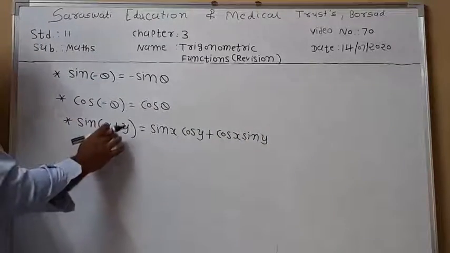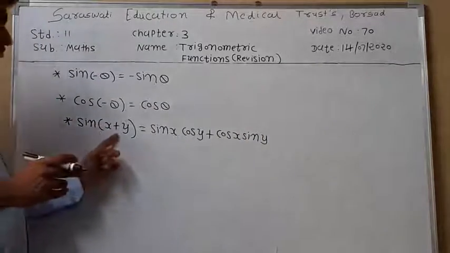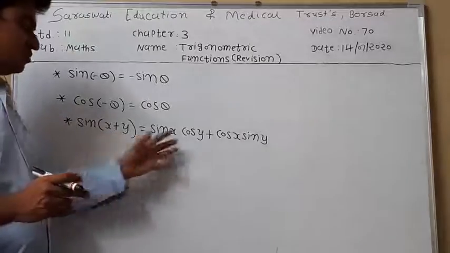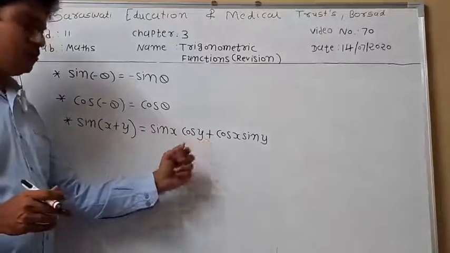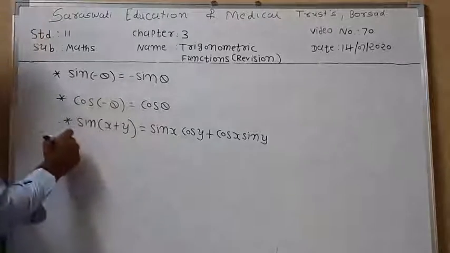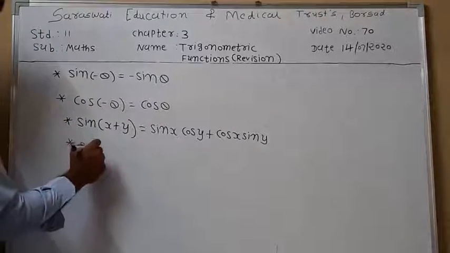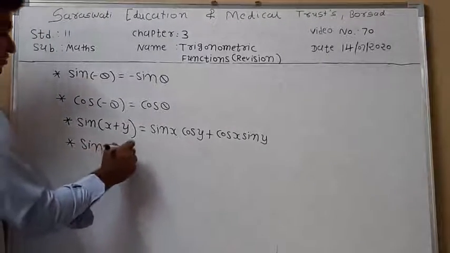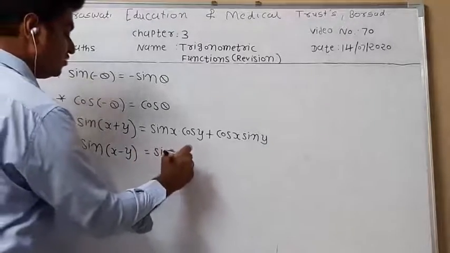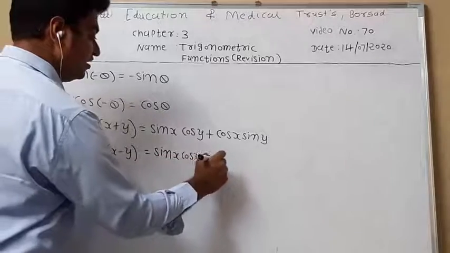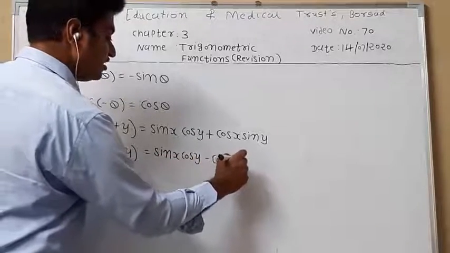Now in between, if a minus sign is present, the same result applies, but in place of plus we write minus. So sin of (x minus y) is equal to sin x into cos y minus cos x into sin y.